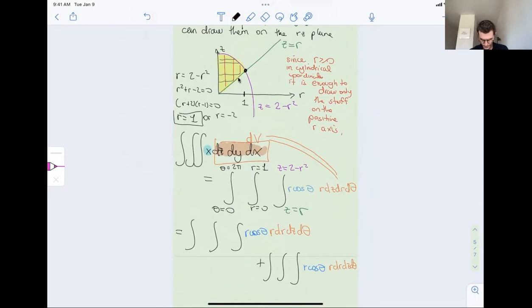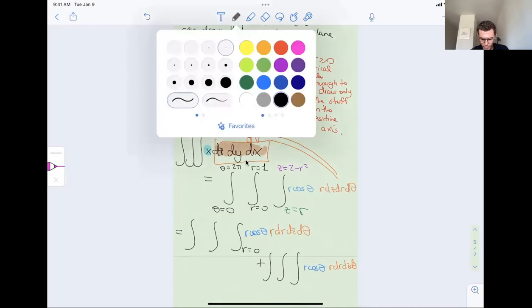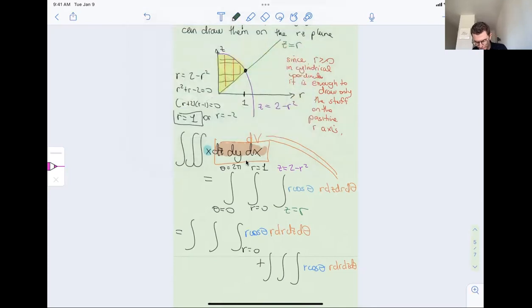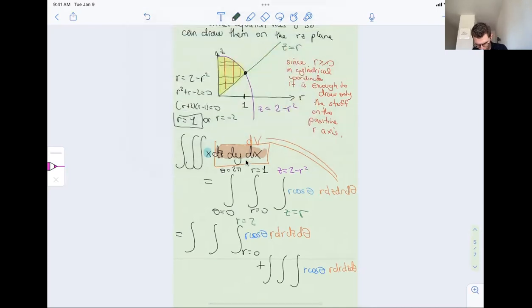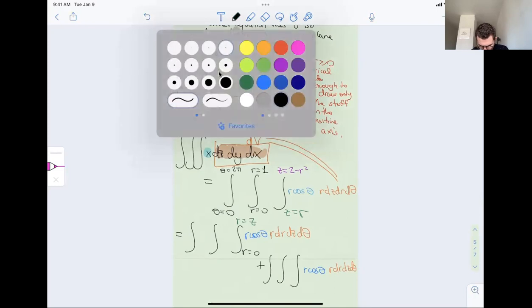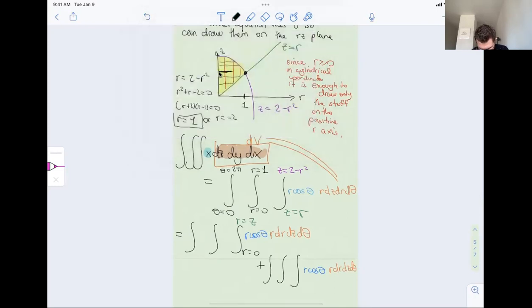And they end on the green line, right? But now the green line is called r equals z, right? So basically I'm breaking this. Let me do this more clearly. I'm breaking this along this black thick line, right?